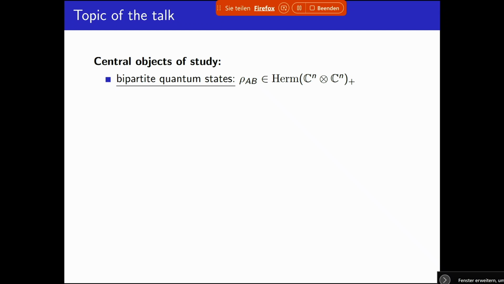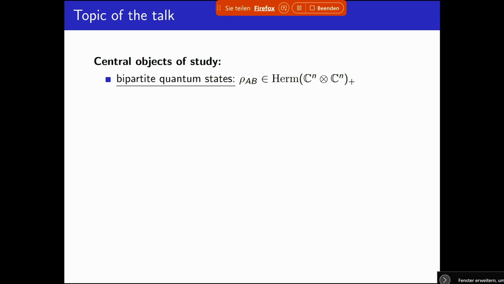And then a quantum state is a Hermitian PSD matrix acting on this Hilbert space. And then if you have a composite quantum system, that means you have two different Hilbert spaces and you tensor them together. So our bipartite quantum states are acting on C to the n tensor C to the n, and we want them to be Hermitian and PSD.